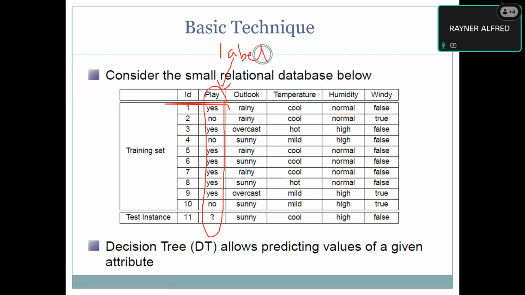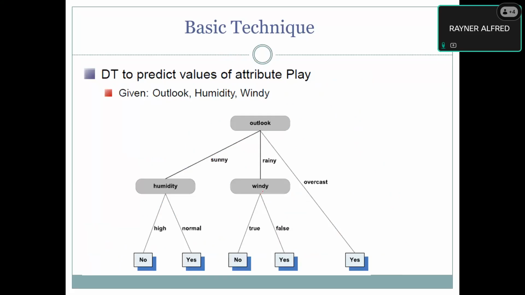If you have new data here, what will be the value for play? Are we going to play or not? What happens is that we will build a tree based on this data that we have. So the tree looks like this.